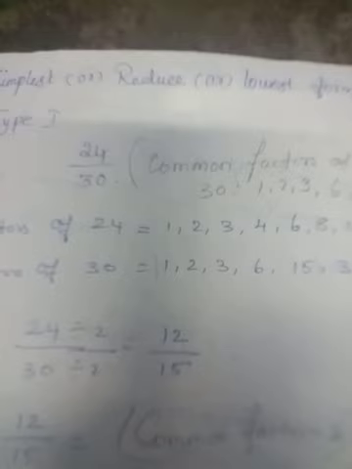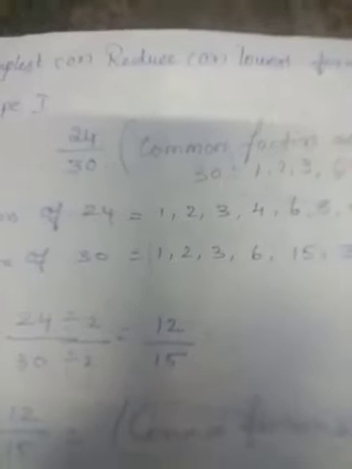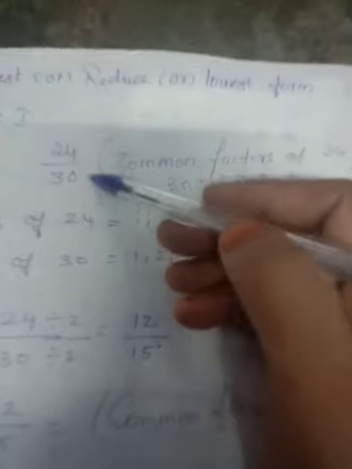Coming to the simplest or reduced or lowest form, how to convert a rational number into simplest form? We already know that we can reduce by dividing the numerator and denominator by the same number.